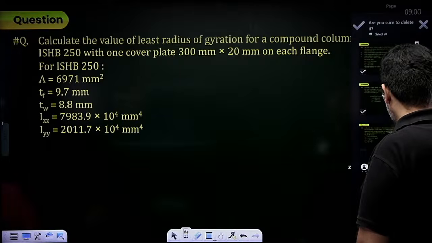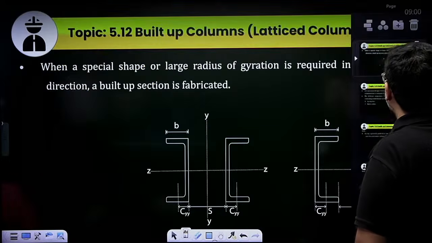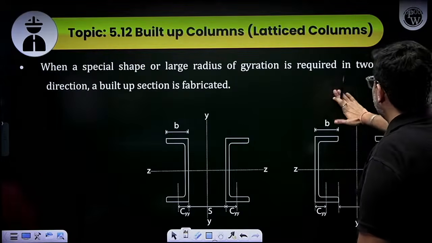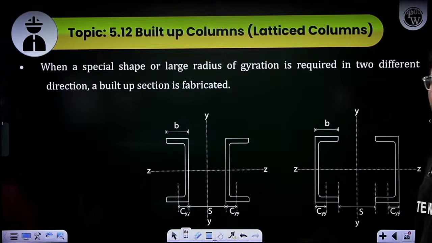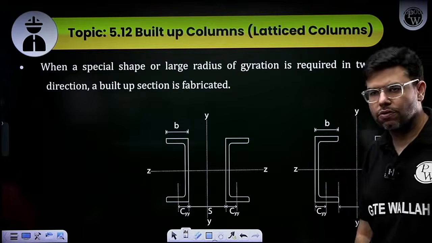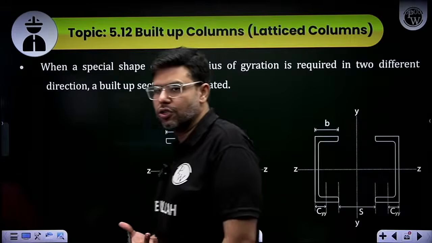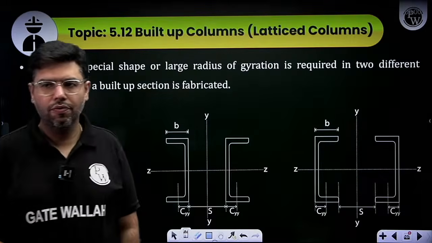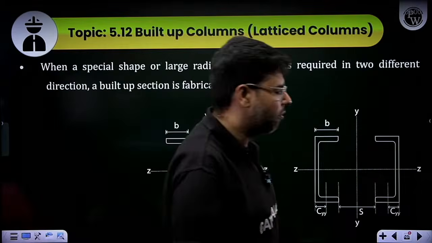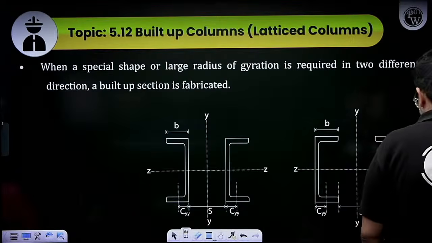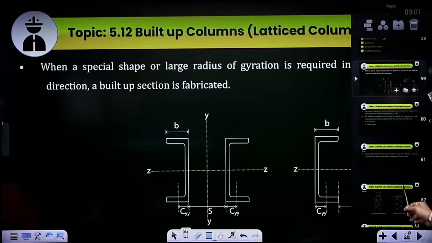Not this one. Okay. So let's talk about built-up columns now. Built-up columns are also known as latticed columns. Whenever we require any large cross section for which a rolled section is not available, we can join two or more rolled sections to get built-up sections like this.